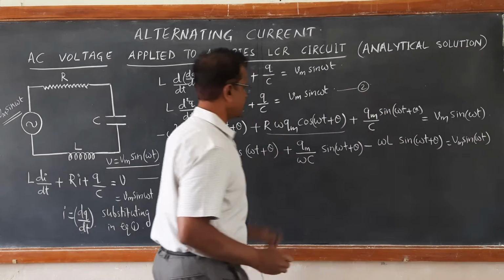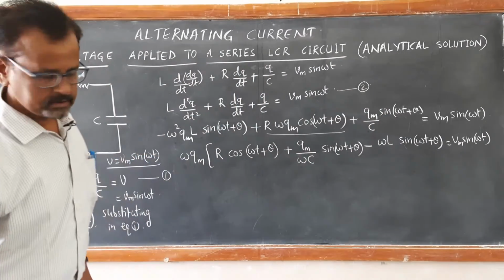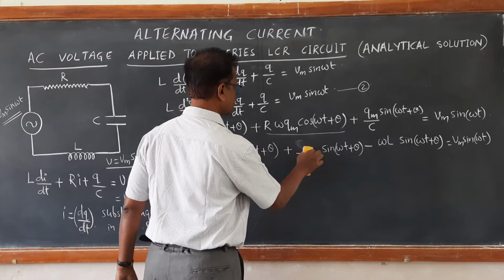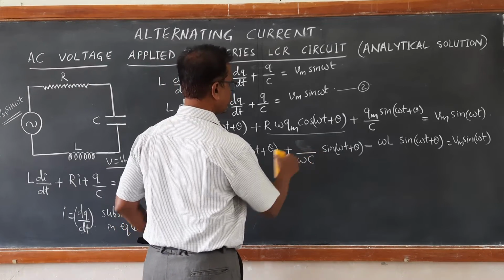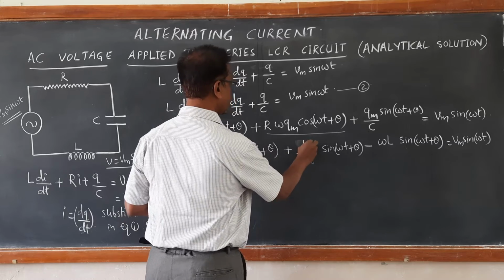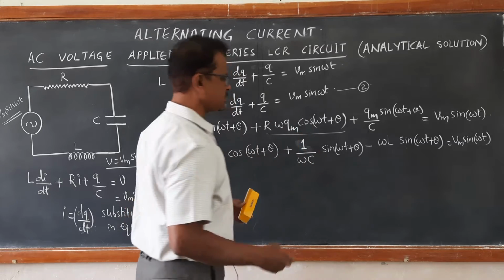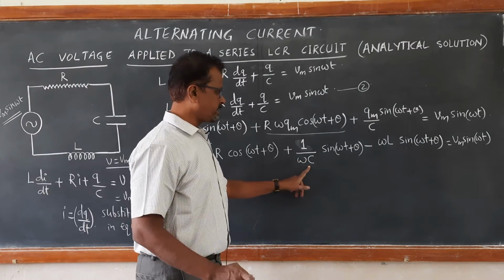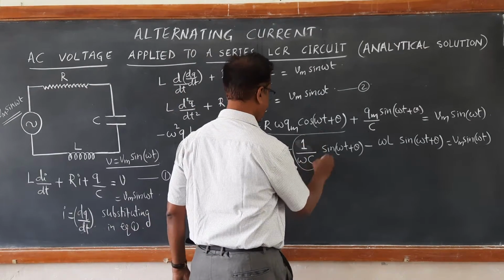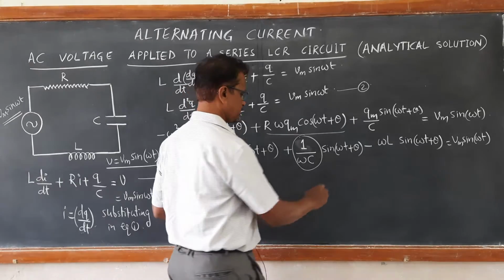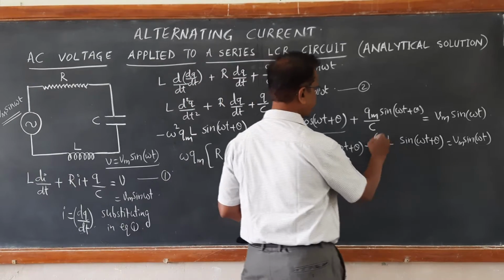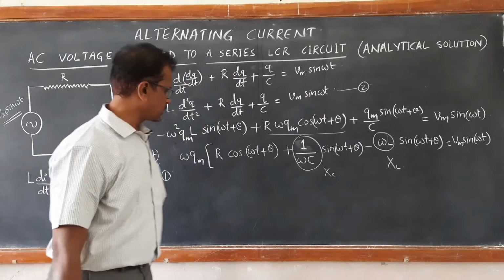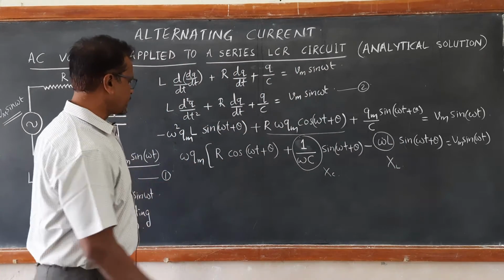Qm has already been taken out, so you will be left with 1 by omega C. That 1 by omega C can be written as the capacitive reactance XC, and omega L can be written as inductive reactance XL.